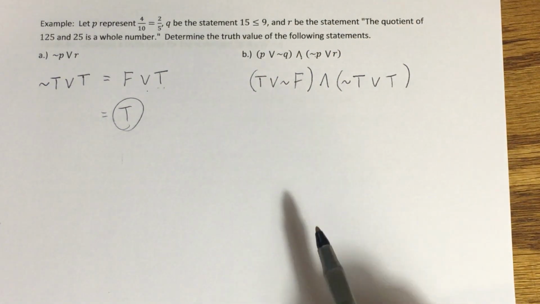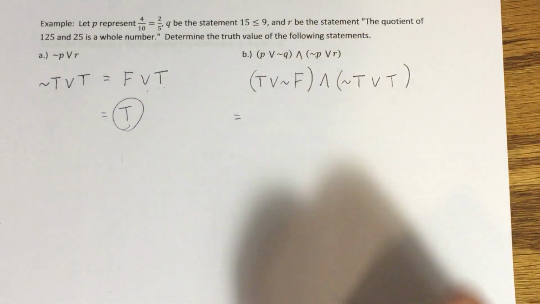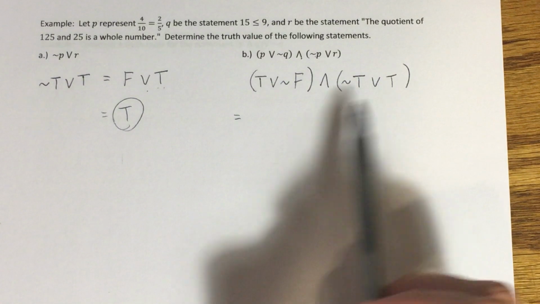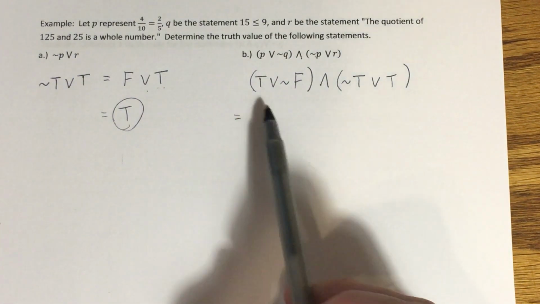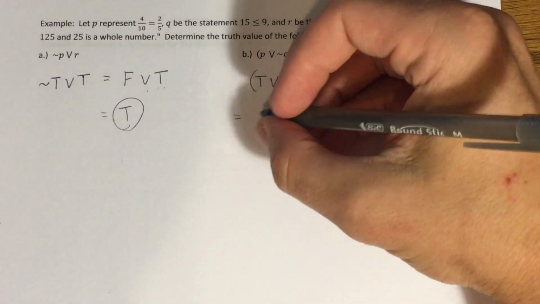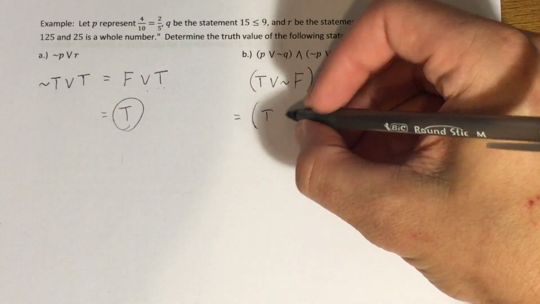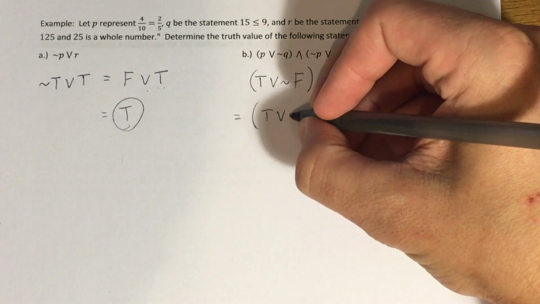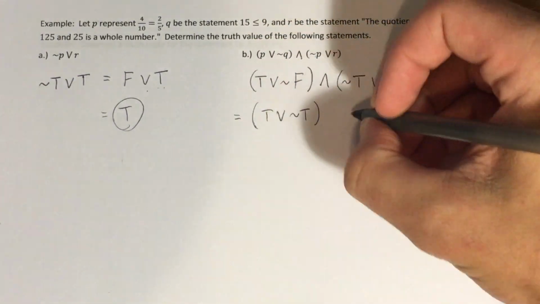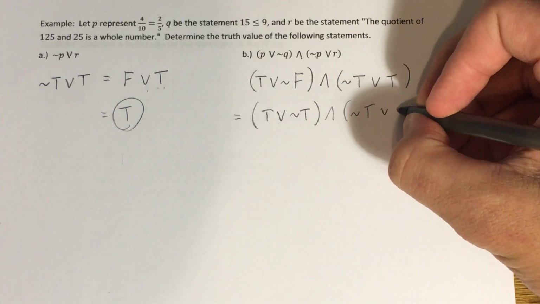All right. Well, there's a couple of steps here. What I'm going to do is work out both sets of parentheses in this same step. True or not false. Actually, let's deal with the negation first, and then we'll work out the rest of the stuff in the parentheses.